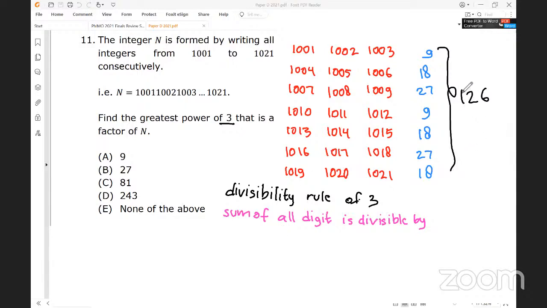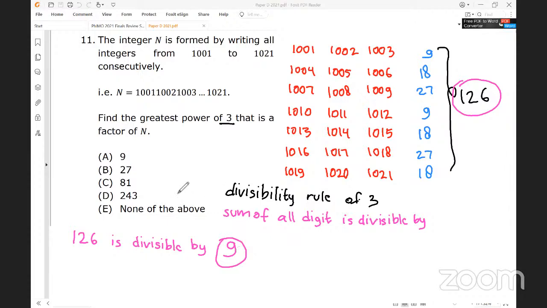So here, is 126 divisible by 9? Yeah, so the biggest one is 9. The others cannot.